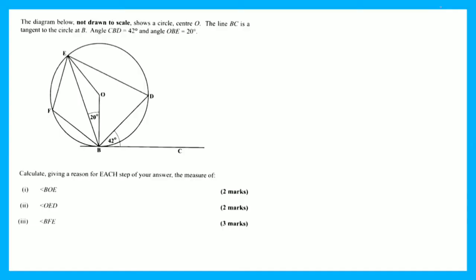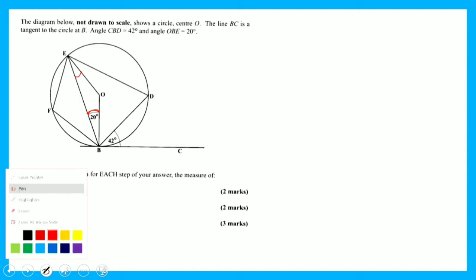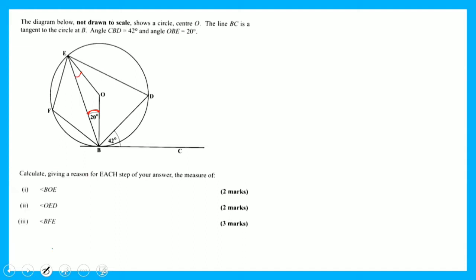I'm in the exam and I'm asking myself, what are the different things that I recognize? If this angle here is 20 degrees, then this one is going to be 20 degrees. You'll have the paper in front of you, so you can turn it sideways just to see that this is indeed an isosceles triangle. How do we know that both of these sides are equal? They are both radii, so we know that they must be equal lengths.